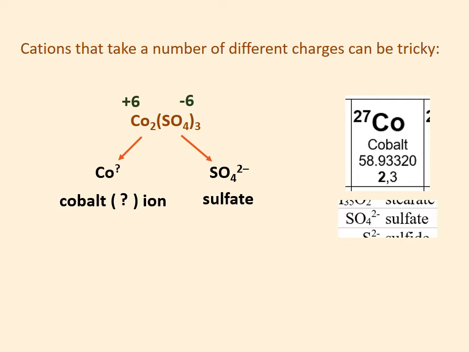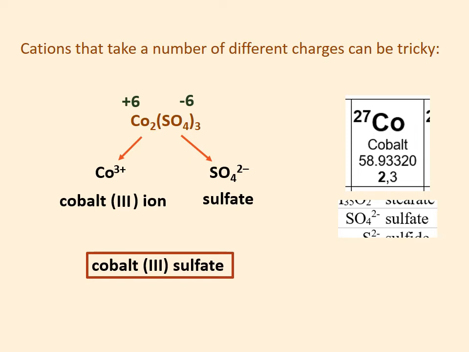So 6 shared between 2 cobalts is a +3 each, which means I have cobalt 3 ion on the front, and when it comes together with sulfate, it makes cobalt 3 sulfate. Now keep that in mind. If I don't know what the front end charge is, I will have to first determine the back end charge.